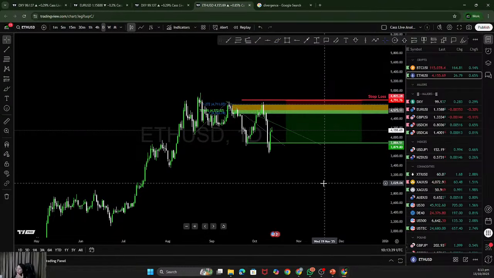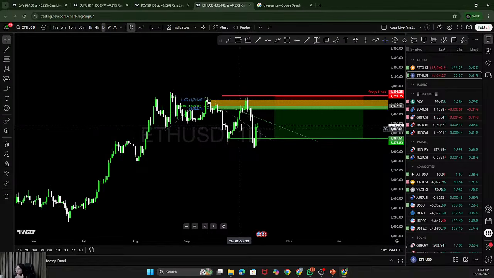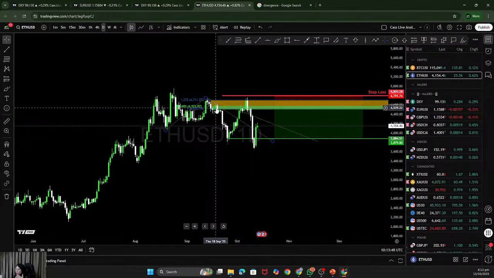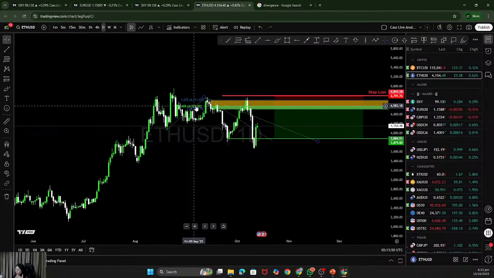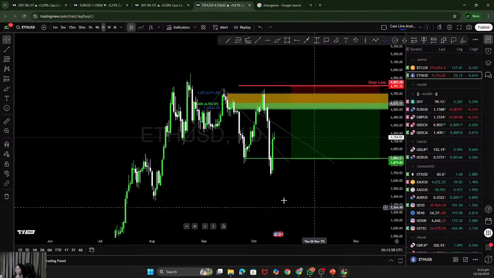Okay, so this was one of my trades last week and it worked out very nice. I called this trade on Tuesday.